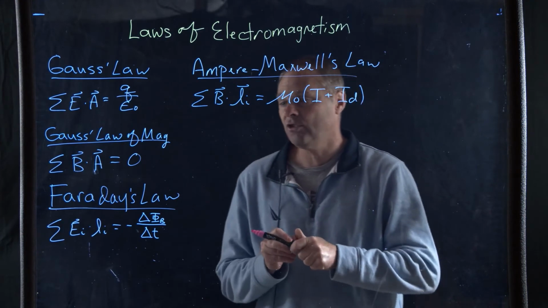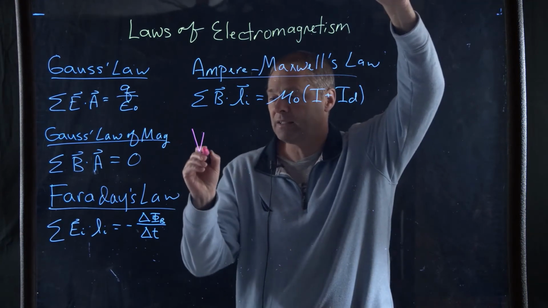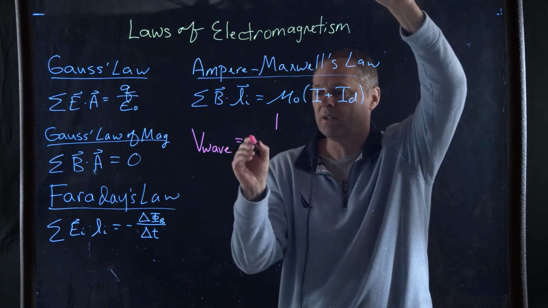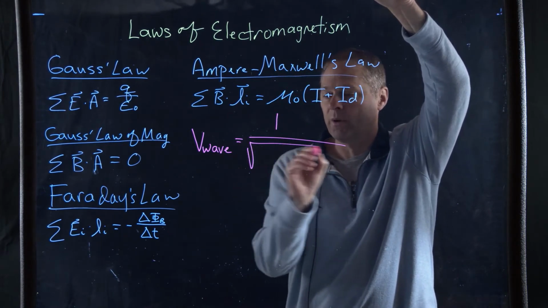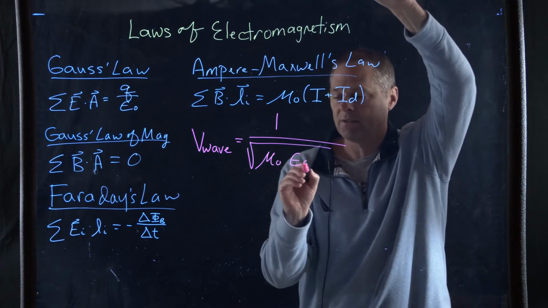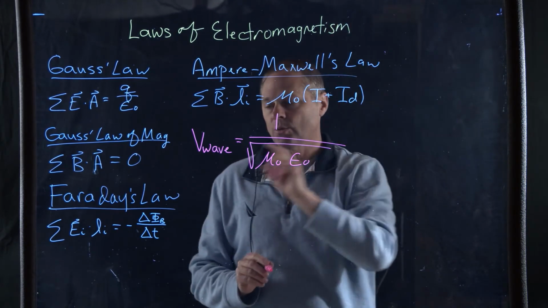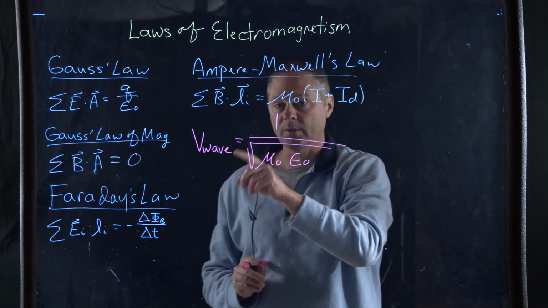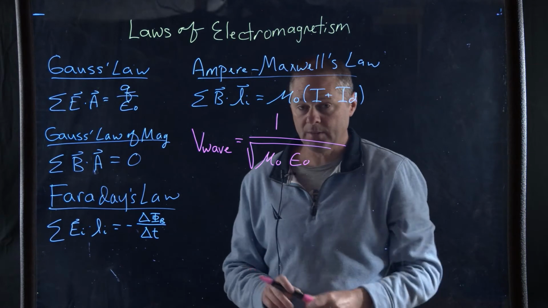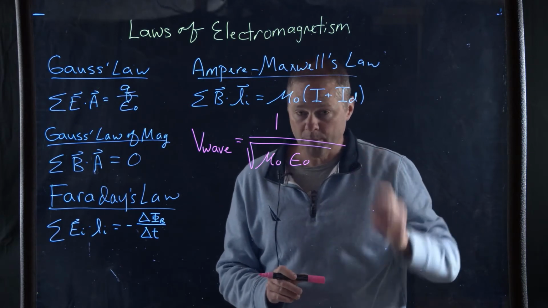So what he showed was that the velocity of the wave is equal to 1 over the square root of the permeability of free space times the permittivity of free space.